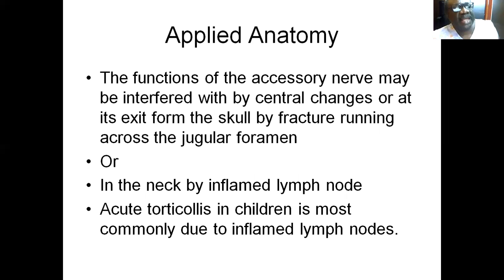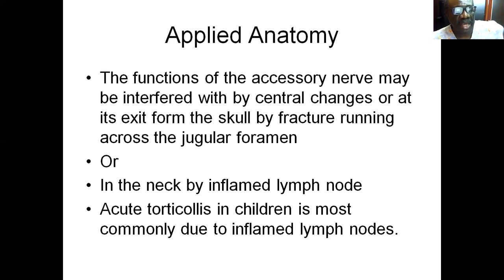We're going to look at the applied anatomy. The function of the accessory nerve may be interfered with by central changes, or at the exit by fracture running across the jugular foramen, or in the neck by inflamed lymph nodes.